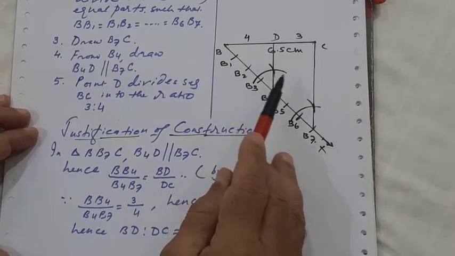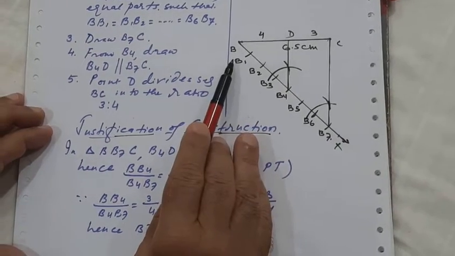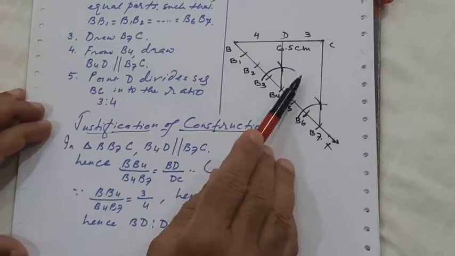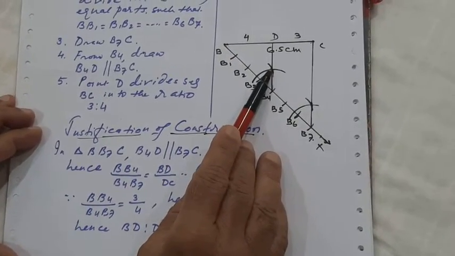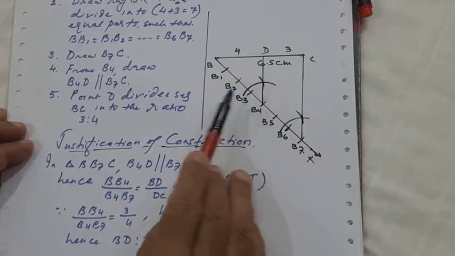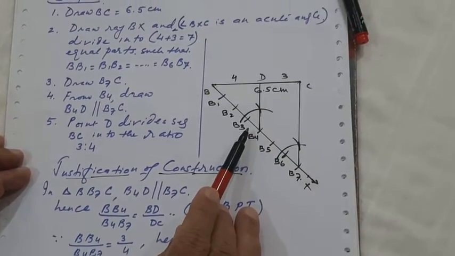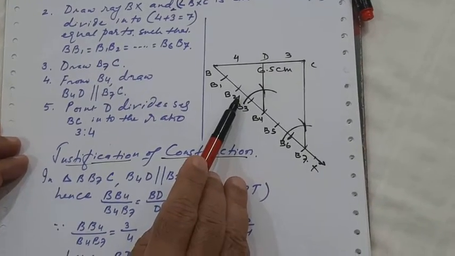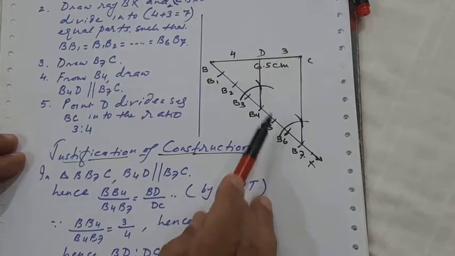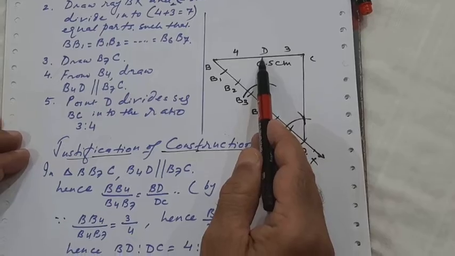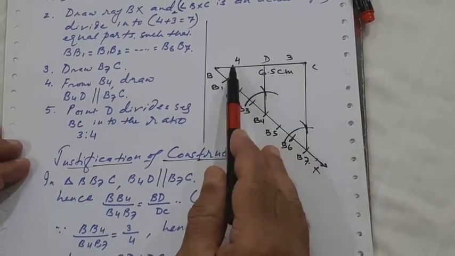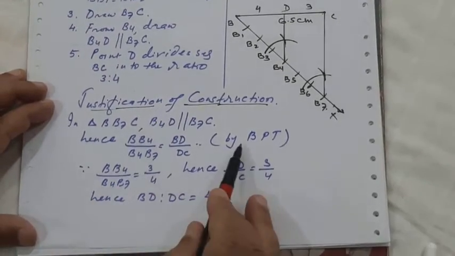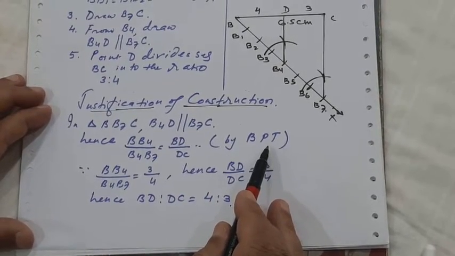Because of basic proportionality theorem, this parallel line divides the segments in the equal ratio. So we have divided this BX ray into 2 parts, that is 4:3. So this parallel line will divide segment BC also in ratio 4:3. This is called BPT, basic proportionality theorem.